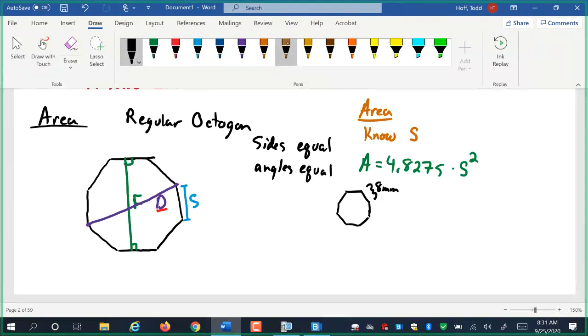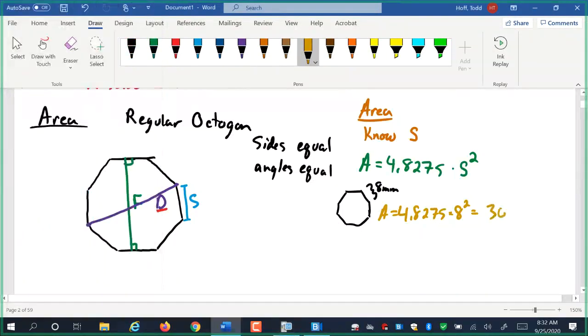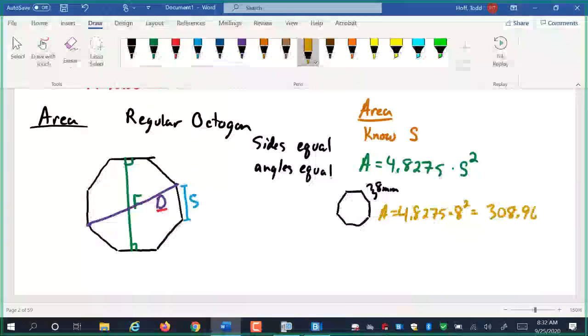The area of our octagon is then 4.8275 times 8 squared. That gives us 308.96 millimeters squared.